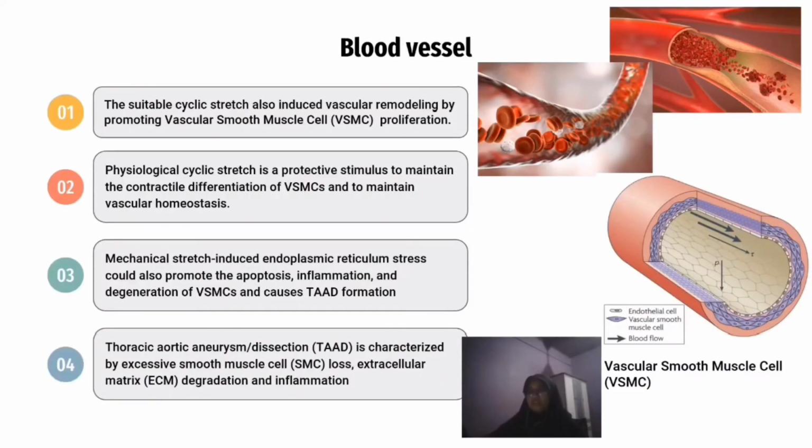For the blood vessels, suitable cyclic stretch induces vascular remodeling by promoting vascular smooth muscle cell proliferation. Vascular smooth muscle cell proliferation is an important component of vessel wall remodeling in response to injury, for example after angioplasty or vein grafting, and during atherosclerosis formation.